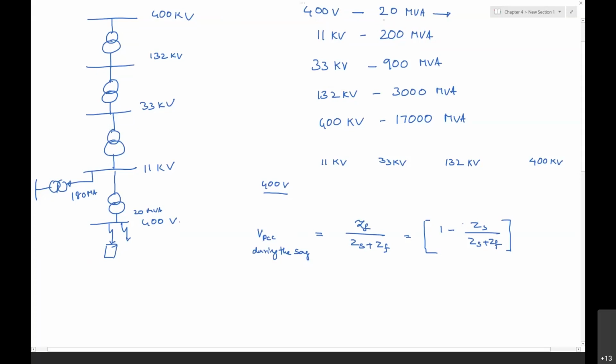When the fault has occurred at the 400 volts line, the total amount of power that can go to the fault is around 20 MVA.